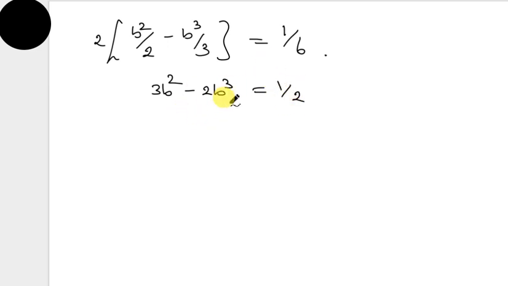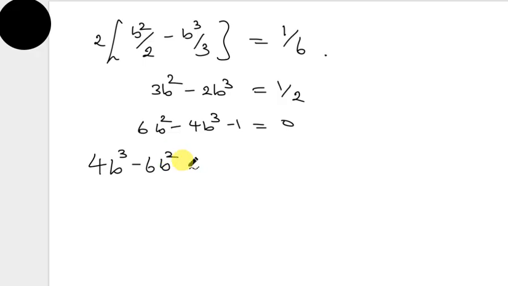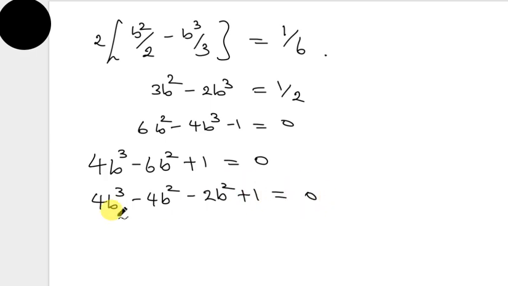In other words, I will have 6b squared minus 4b cube minus 1 is 0, or 4b cube minus 6b squared plus 1 equal to 0. Let us try to factorize this. If we are to factorize this, we can have 4b cube minus 4b squared minus 2b squared plus 1 equal to 0.